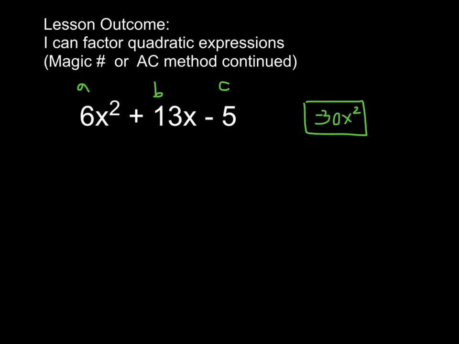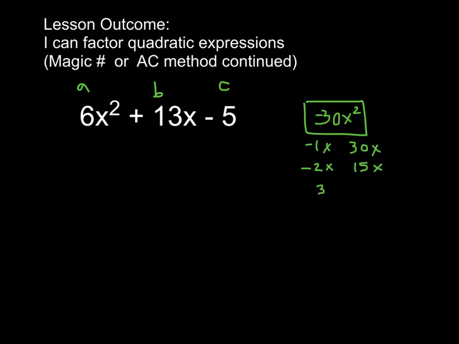We need to write down all factors of negative 30x squared. So we know 1 times 30 is 30, but we need one of them to be negative to get negative 30, and we want to put the x's with that. We also know that 2 times 15 is 30. We need one to be negative, and the x's are going to go in there as well.